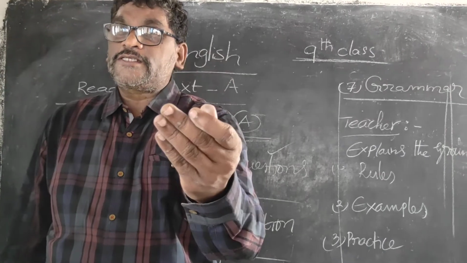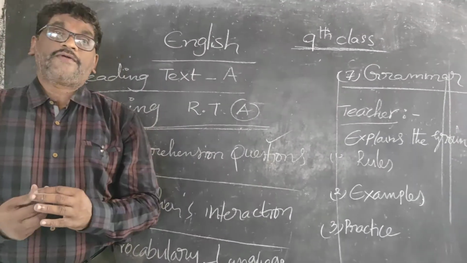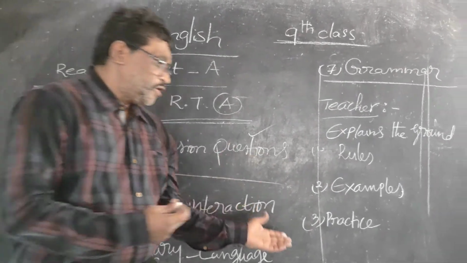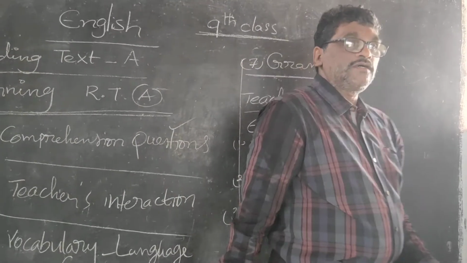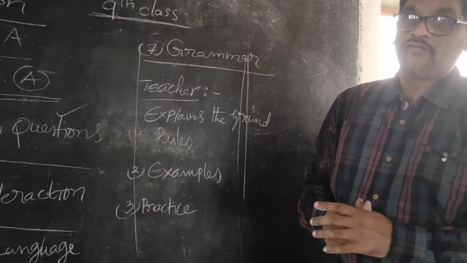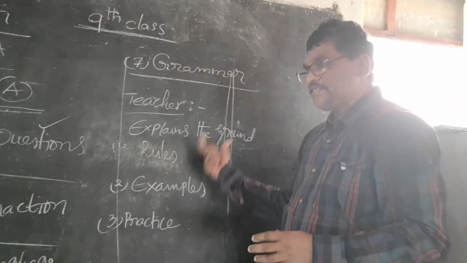And this practice makes you perfect to get 70% marks in grammar items. If you face any doubts while you are doing the grammar items, you can clarify your doubts with your teachers or with your friends. This is very important. Practice is very important.